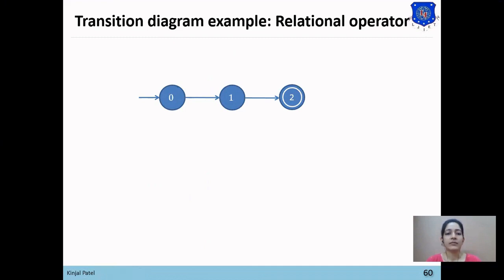Here you can see that we want to perform less than or equal to. So less than equals to, and state 2 is the final state which will return less than or equal to. Now we want to perform not equal to, so we can directly take greater than from 1; the combination of less than and greater than means not equal to.